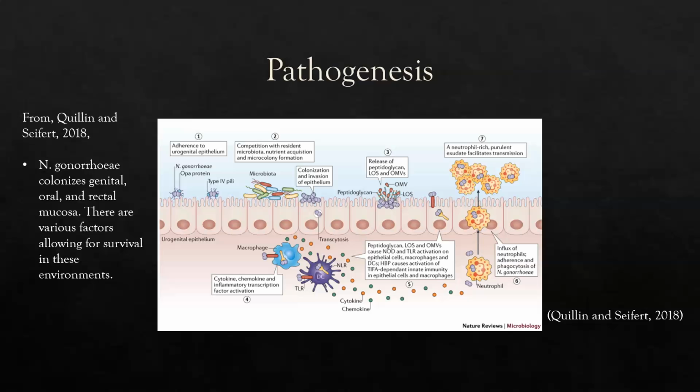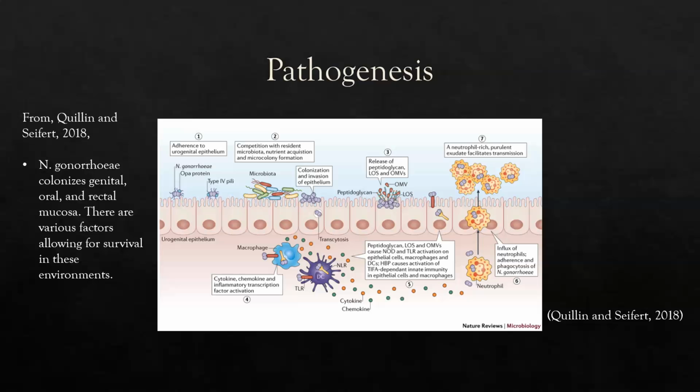These then go and signal epithelial cells, macrophages, and dendritic cells. Continuing on, the NOD and TLR signal for these cells to lead to activation of inflammatory transcription factors and the release of cytokines and chemokines.